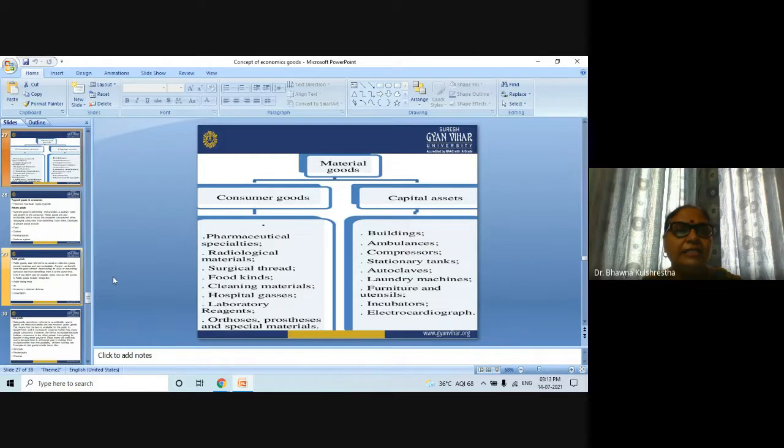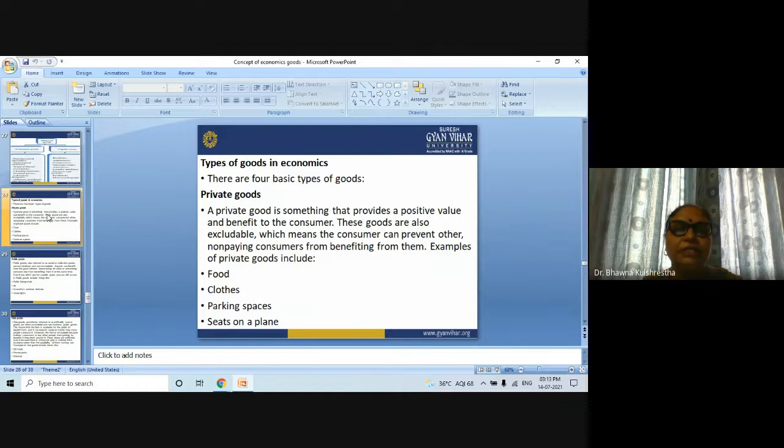And the next is the types of goods in economics. There are four basic types of goods. First is private goods. A private good is something that provides a positive value and benefit to the consumer.